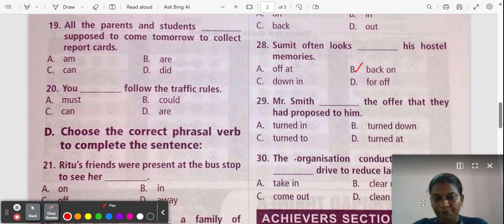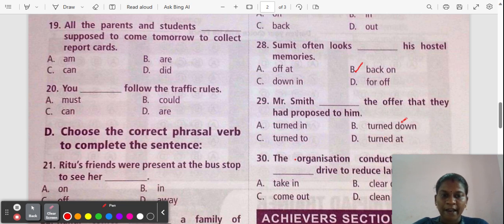So the correct answer is turned down. Option B. Refused or rejected. Mr. Smith turned down the offer that they had proposed to him.